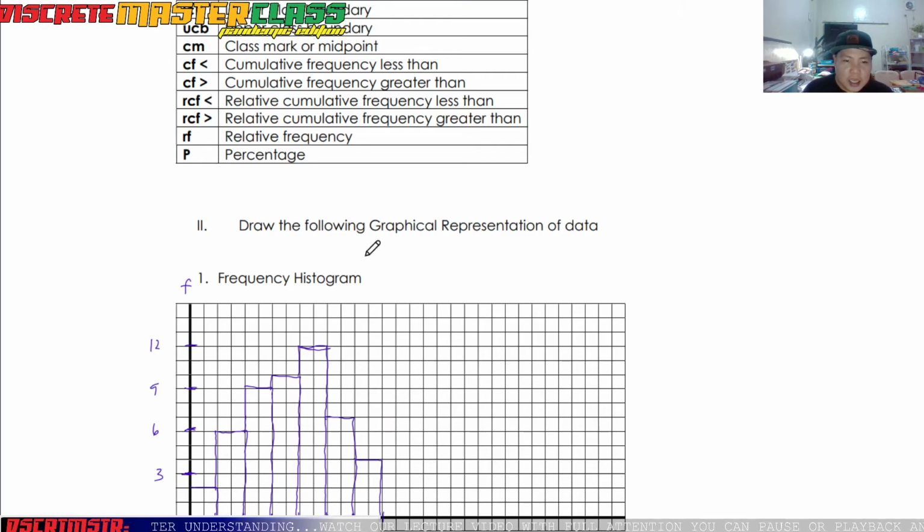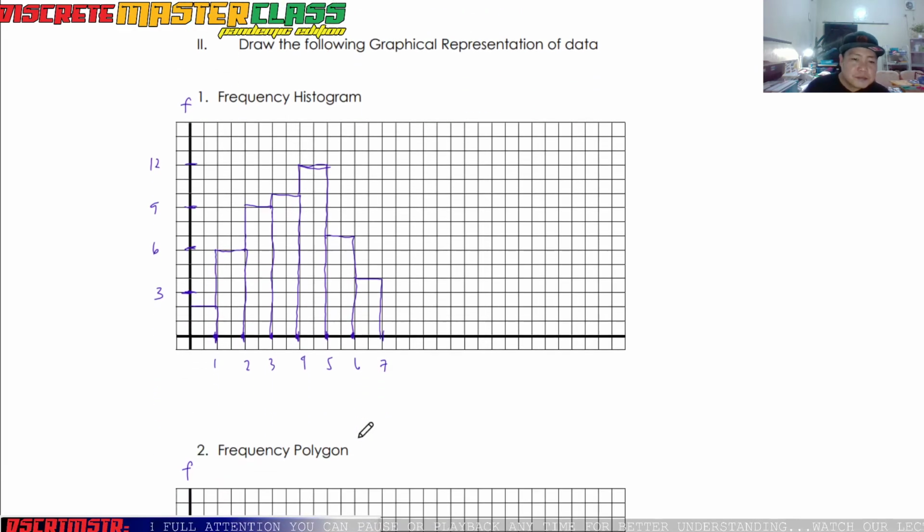Okay? Kaya siya histogram kasi history, makikita mo yung history from 2 to 6, from 6 to 9, from 9 to 12, and so on. Kaya tinawag siyang histogram. Okay?